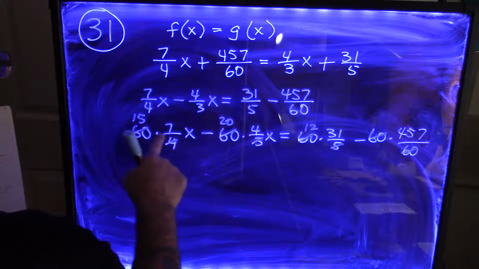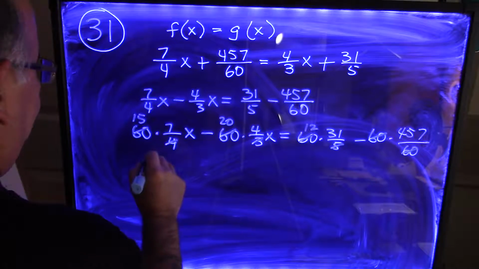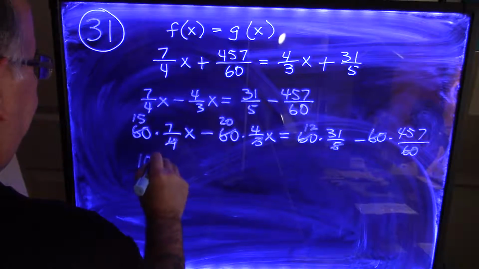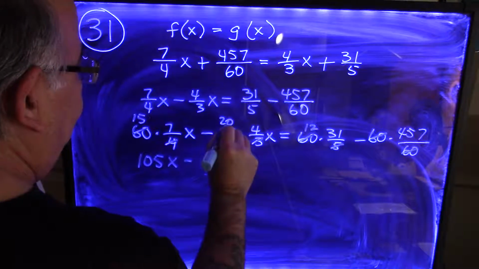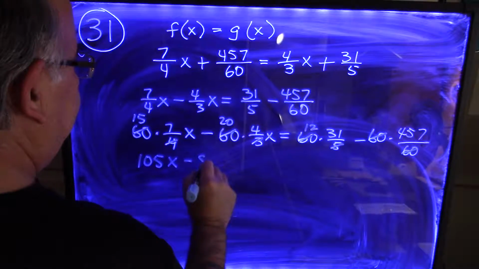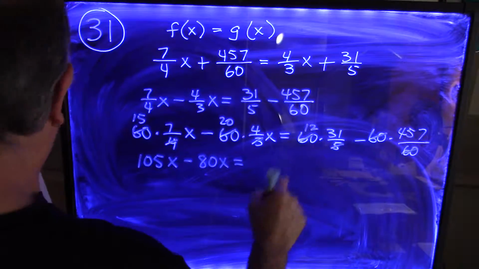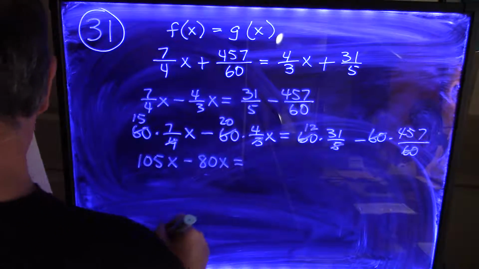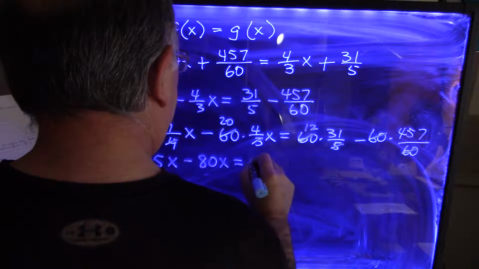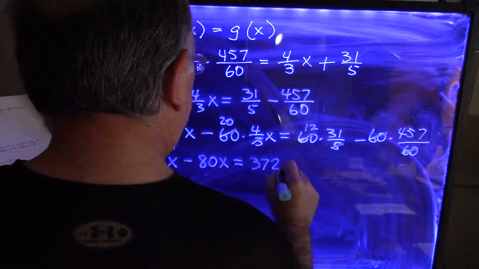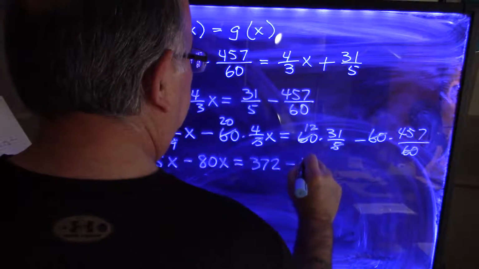And so now we've got 15 times 7x. That's 105x minus 20 times 4x, which is 80x, equals 12 times 31, which is 372. And then minus just 457.